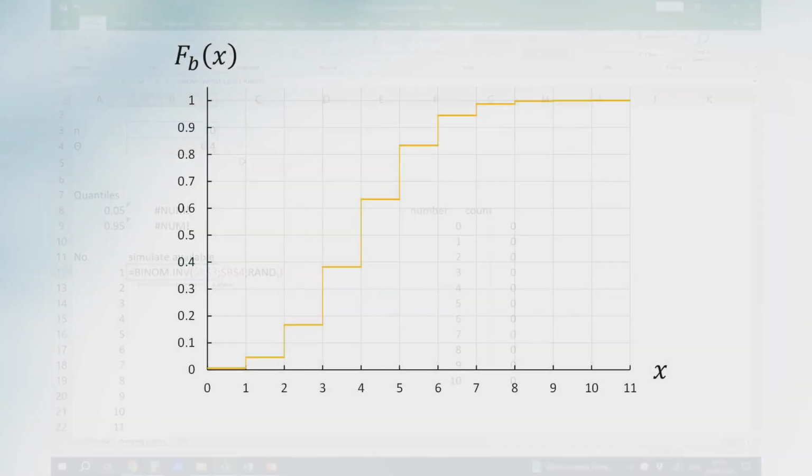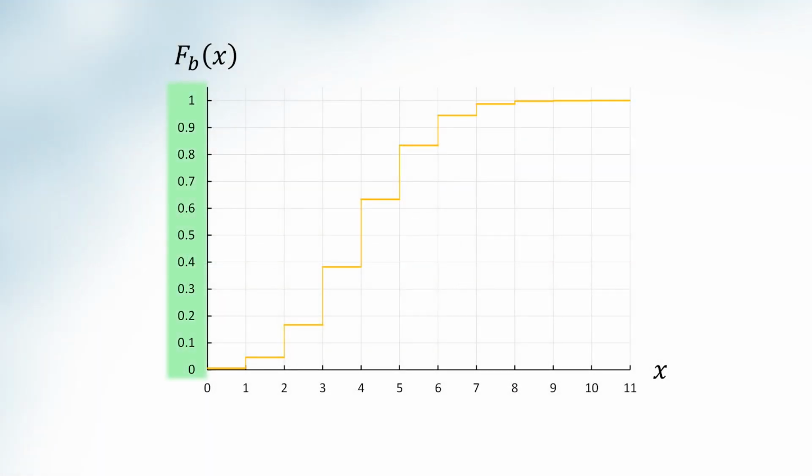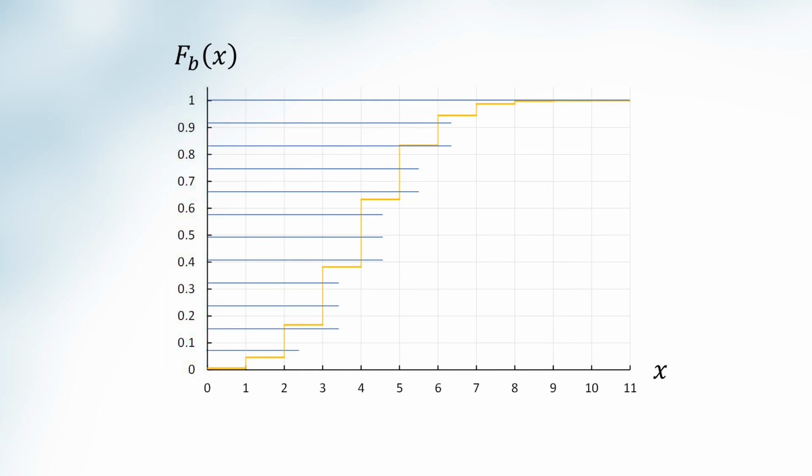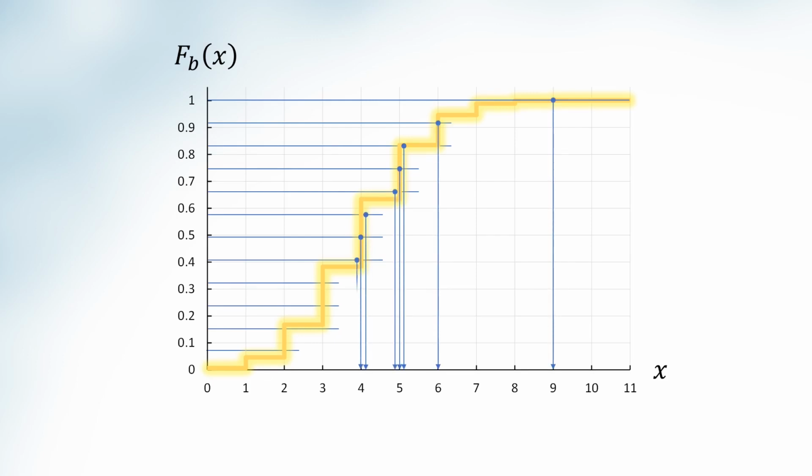What we do here is we pick with equal probability a value between 0 and 1 from the vertical axis of a cumulative binomial distribution. We then apply the inverse binomial distribution function to project that random value onto the horizontal axis.